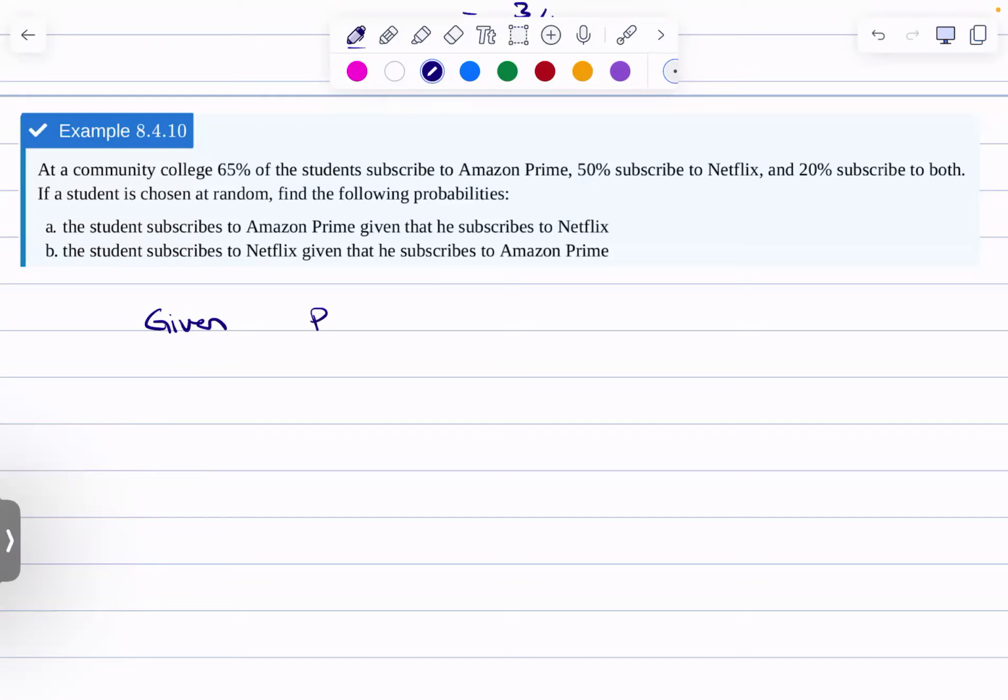A card is drawn from a deck. Again, find the following probabilities. The probability the card is a king is still 4 over 52, but let's just write it down. And then we want to find the probability that the card is a king given that a red card has shown.